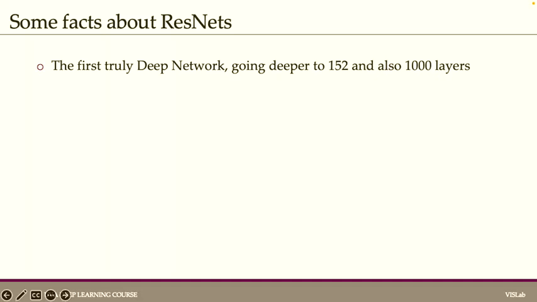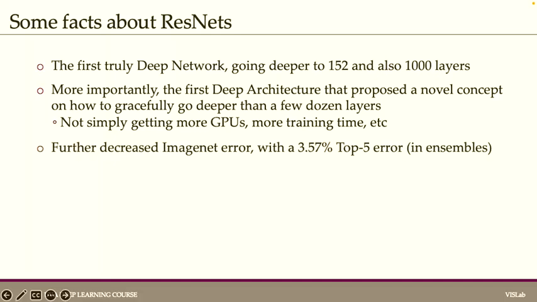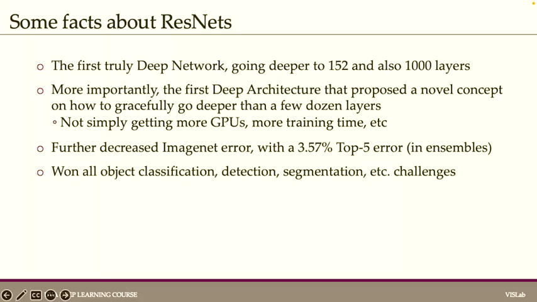We care about it because it introduced a new concept called residual connections, which we're going to talk about now. At the time, it got the best ImageNet performance, and with that backbone, you can use it for object detection, segmentation, etc., and it got really good performance.